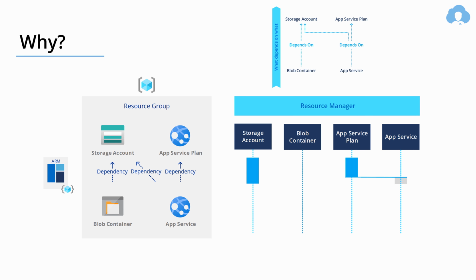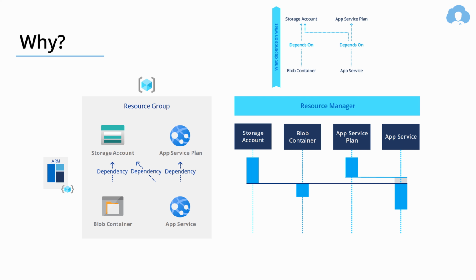But after deployment of the app service plan, it will see that it still cannot start deployment for the app service because app service is still dependent on a storage account. Therefore, after storage account deployment finishes, then the blob container will be provisioned and also then the app service deployment will start. This is pretty much how a tree of dependencies is being created by Resource Manager and ensures proper order of deployment for all the resources.